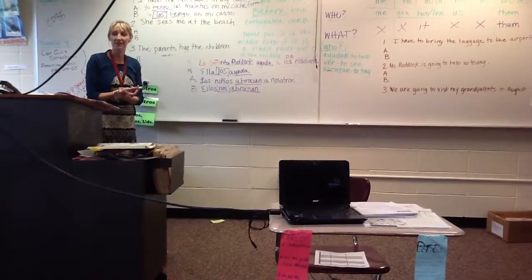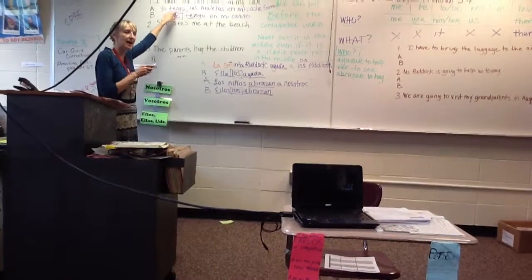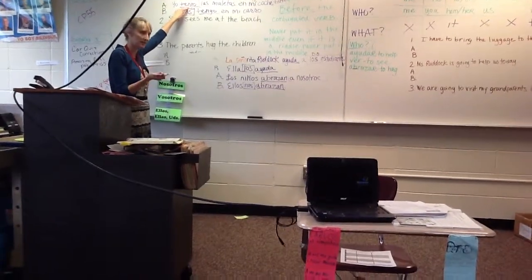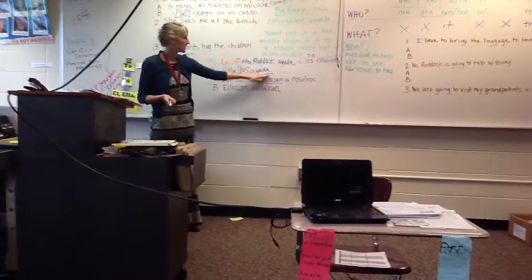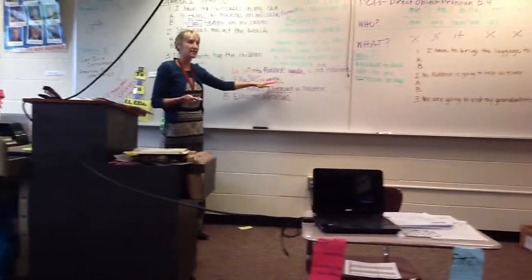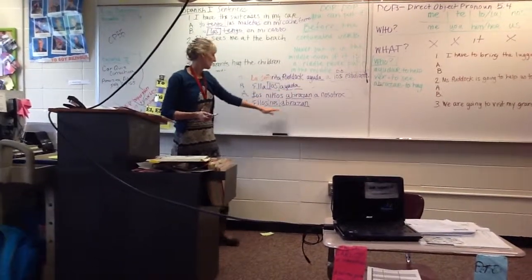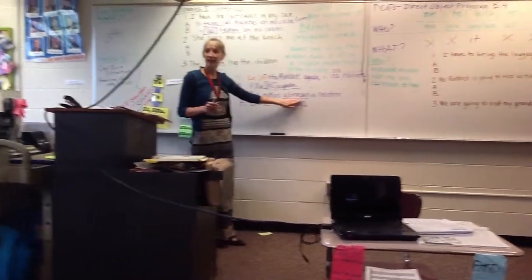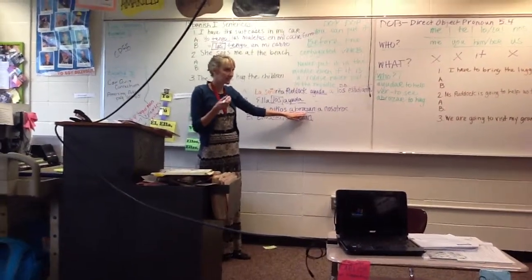You need to find the conjugated verb, I have, and then say I have who or I have what. In this case, you find the conjugated verb. She helps, and you say she helps who or she helps what. They hug. They hug who or they hug what.